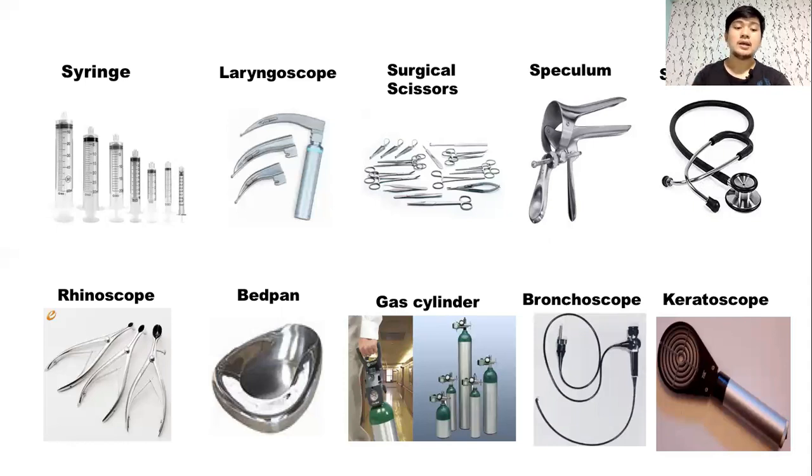And next is keratoscope. It is used to assess the shape of the anterior surface of the cornea.